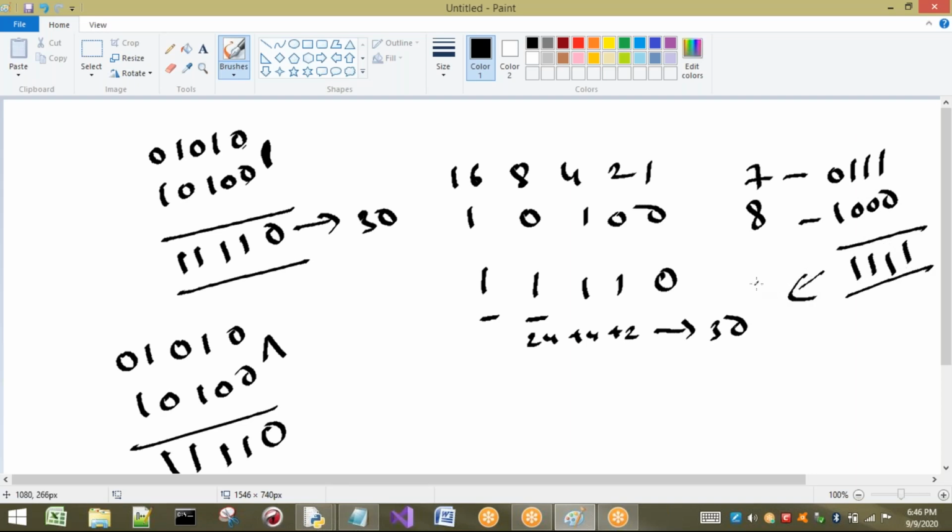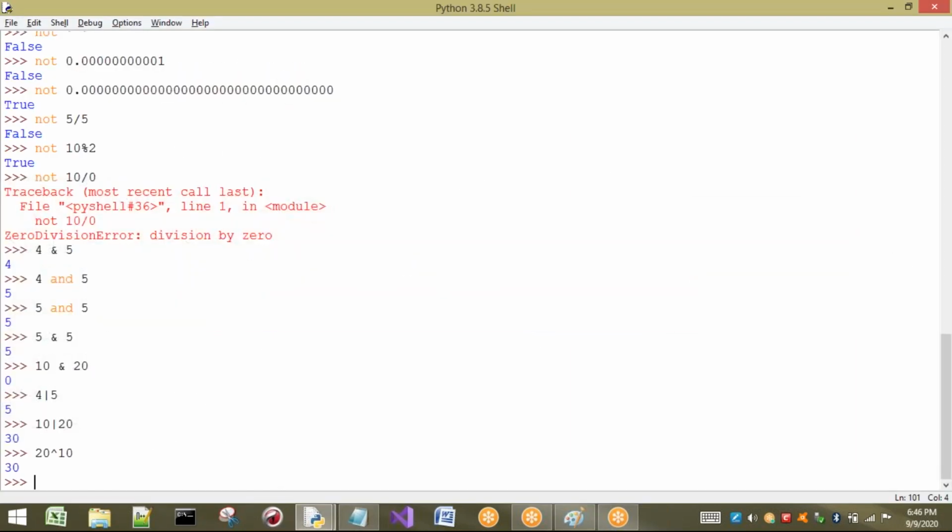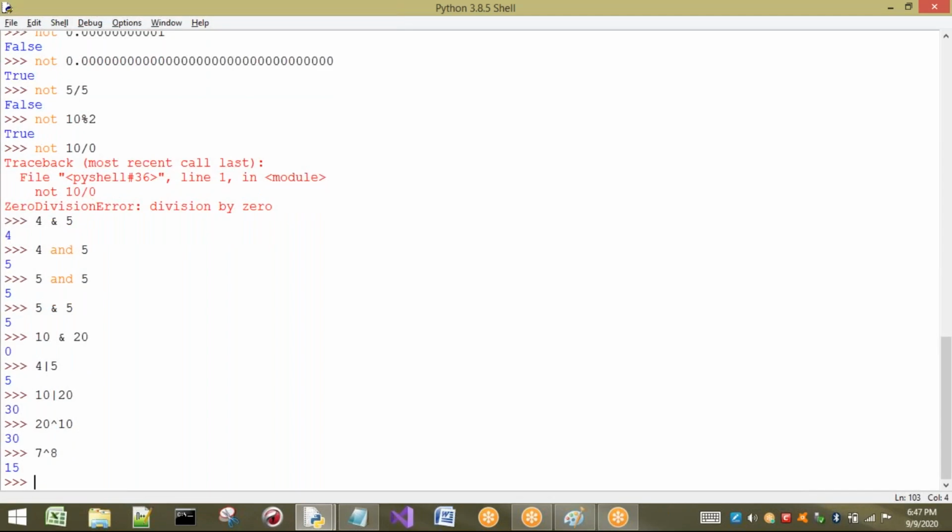So 4 ones is nothing but the value 15. Let us see that example: 7 XOR 8. The answer is 15. So in this way we get the bitwise AND operation, the bitwise OR operation, and the bitwise XOR operation.